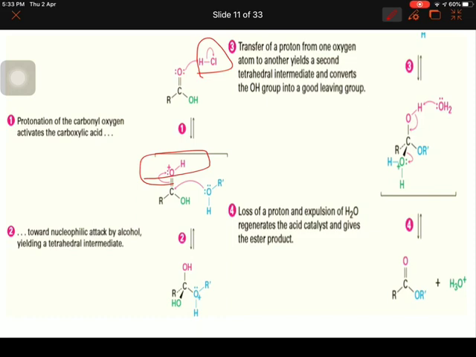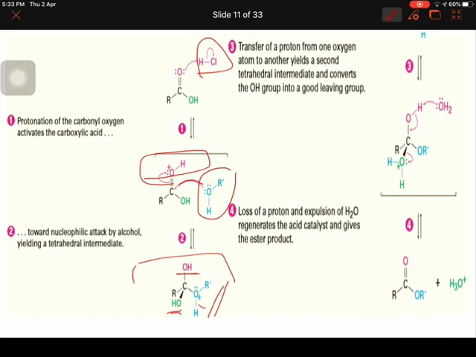Then the alcohol is going to attack the carbon of the carbonyl to give the intermediate. All the compounds are together, the hydroxyl group and then the alcohol.